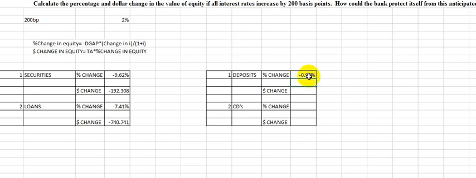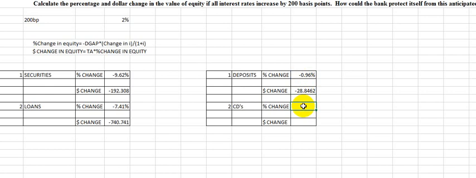Now the dollar change will be equal to the percentage change times the liability itself. So it's 0.96% times the deposits, which were $3,000, so negative $28.84.